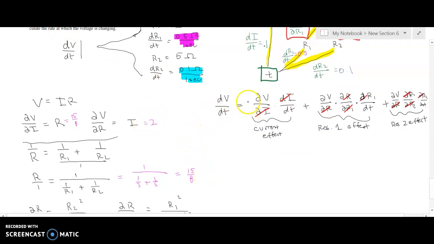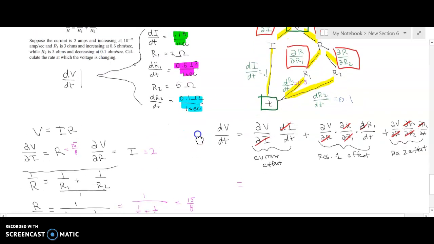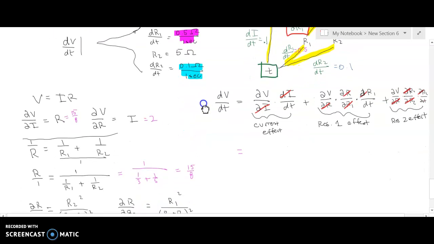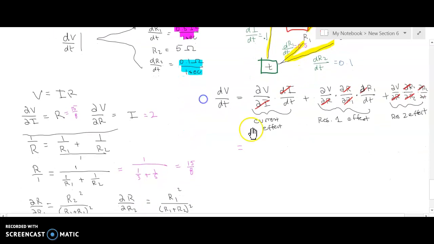And so now we should have all the components that we need in order to calculate dV/dt as a number. So dV/dI is equal to 15/8. So I'm going to replace that with 15/8 times dI/dt.